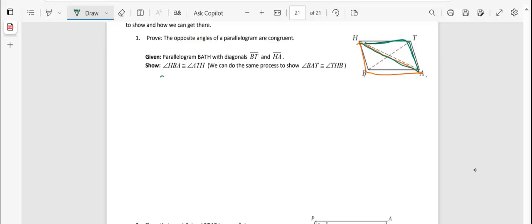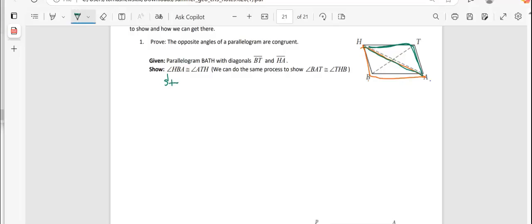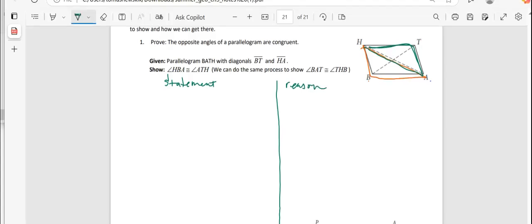With a two-column proof, we put the statement on this side and the reason on the other. If you like a flowchart proof, you can absolutely do that. If you like a paragraph proof, you can absolutely do that.